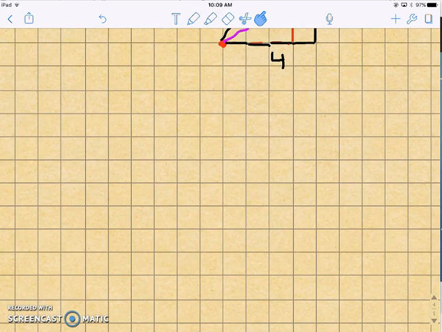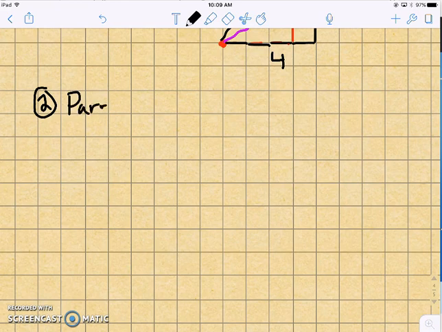Now the second thing that we're going to take a look at is, let's say you have a parallelogram. There's only one R in parallelogram.